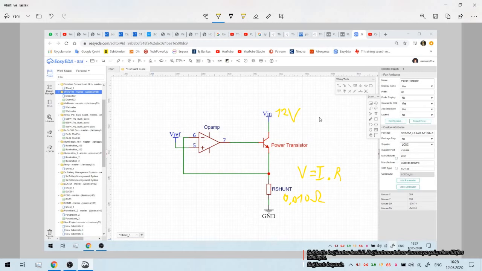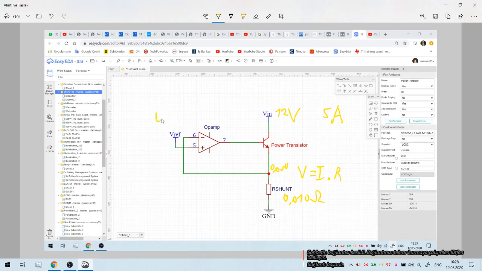If we want to set it to maybe 5 amp, voltage drop on this resistor will be 0.05 volt here, and this terminal needs to be 0.05 volt.